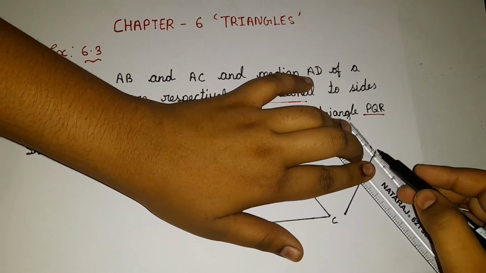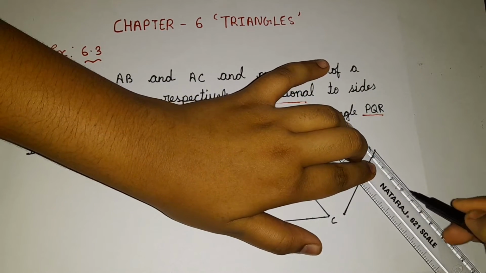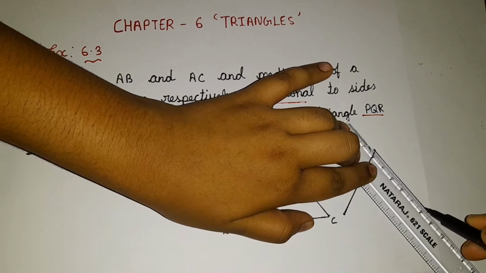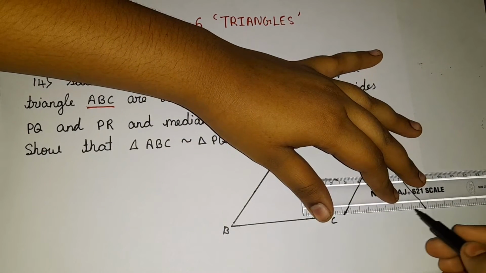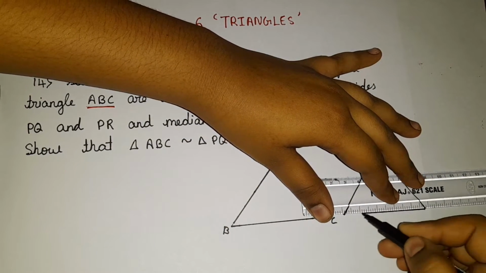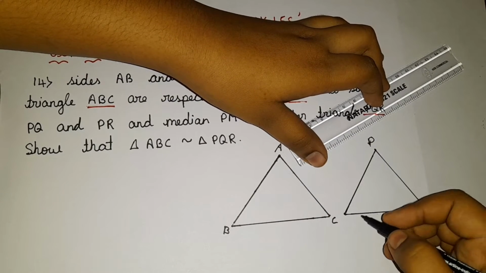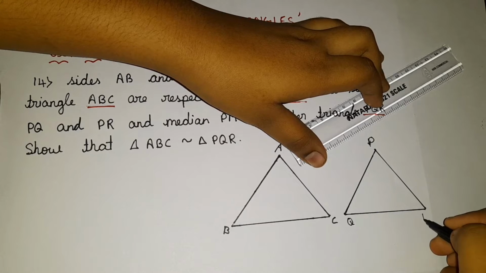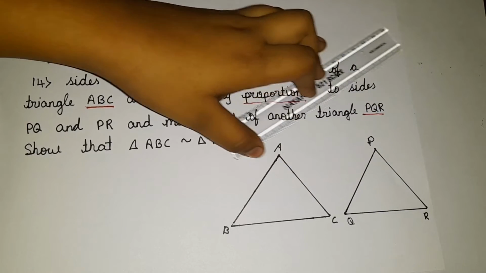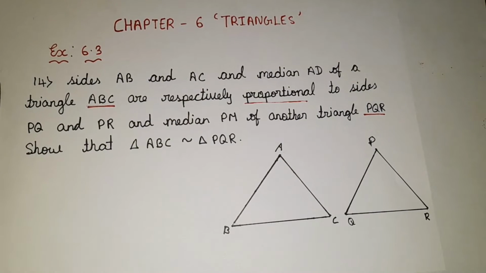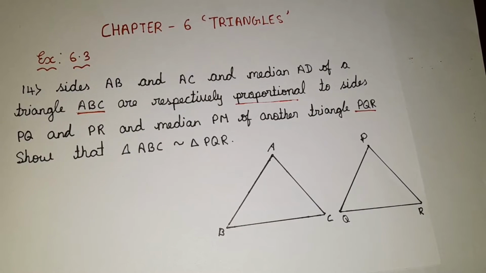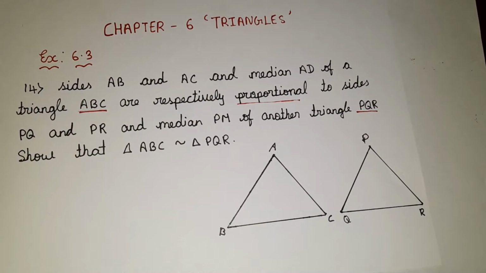So this is that other triangle, that is triangle PQR. Alright guys, so now we have two triangles, that is triangle ABC and triangle PQR.